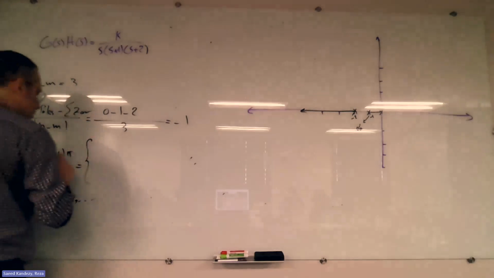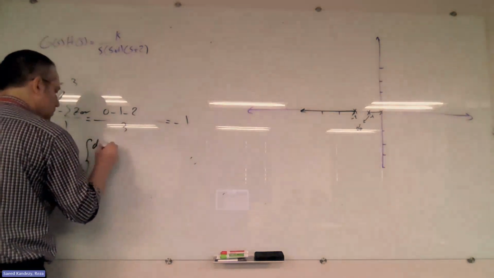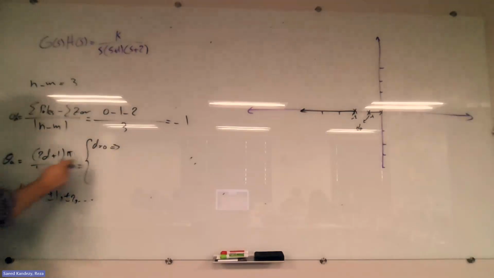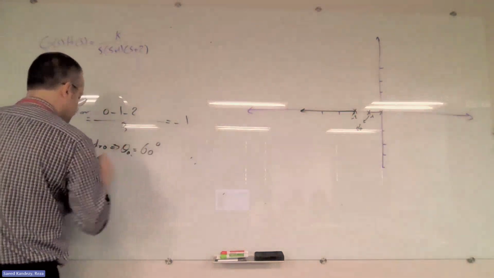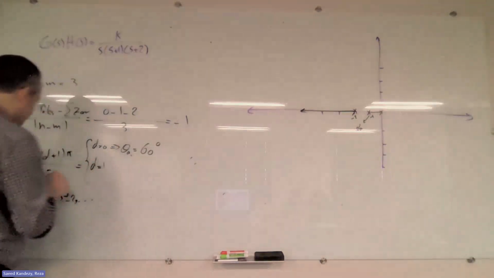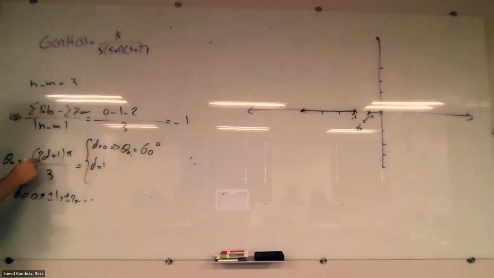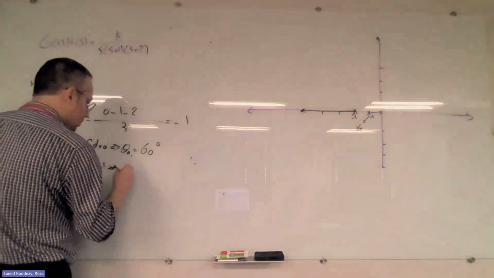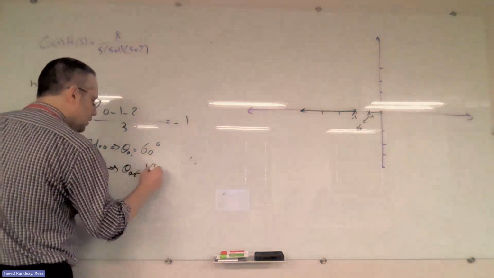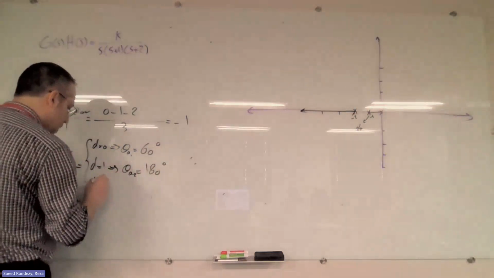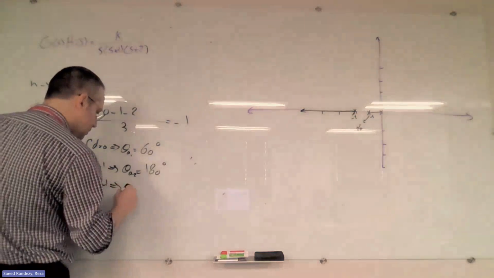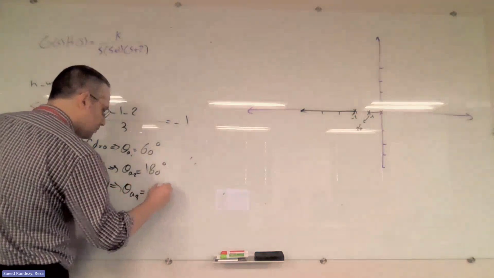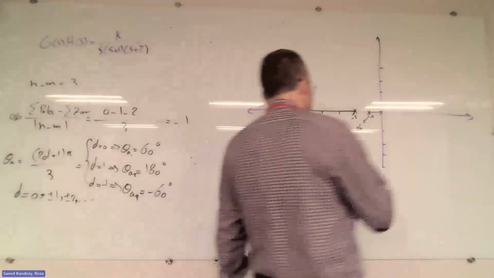So if the d is 0, my theta is gonna be pi over 3, which is theta A1, 60 degrees. If I have d equal to 1, it is gonna be 3 pi over 3. So my second theta is going to be 180. And if d is -1, it is going to be minus pi over 3, which is -60. We good?